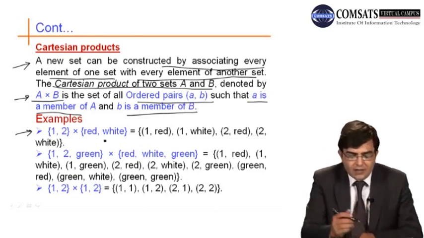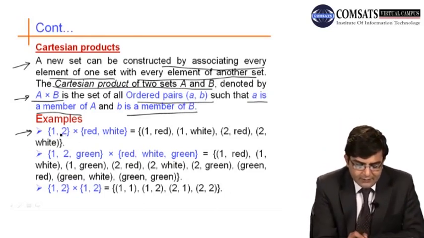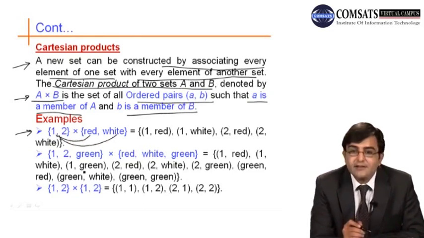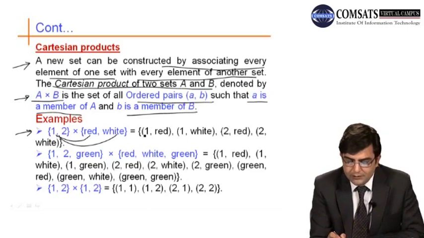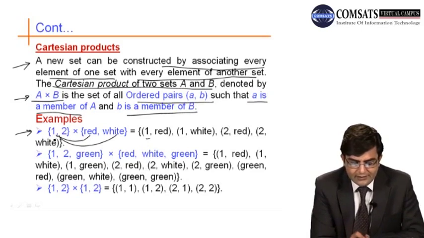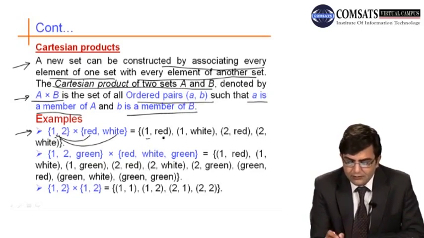We write the first element of the first set with the first element of the second set, as an ordered pair. In a pair, we write the first element of the first set and the second element of the second set on the second place.